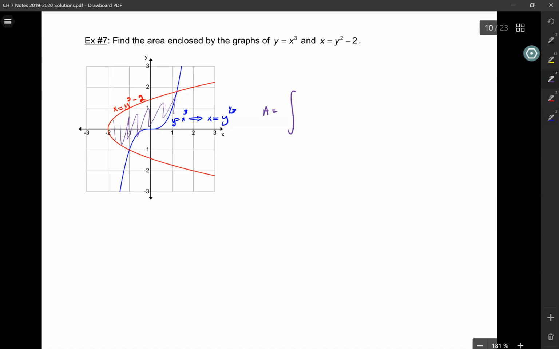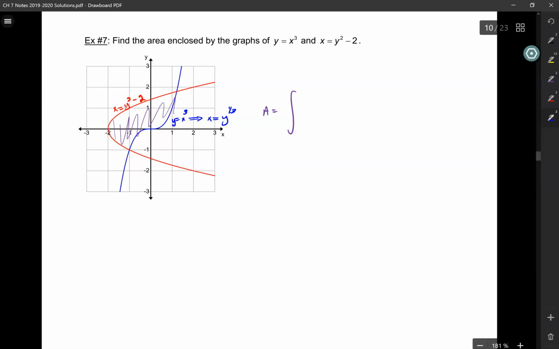Which function goes first? Blue or red? Blue, because it's to the right. Where are the positive x's? Here. So if it's x equals something, the positive x's are to the right. It means those are where the higher functions are going to lie. So it's right minus left.